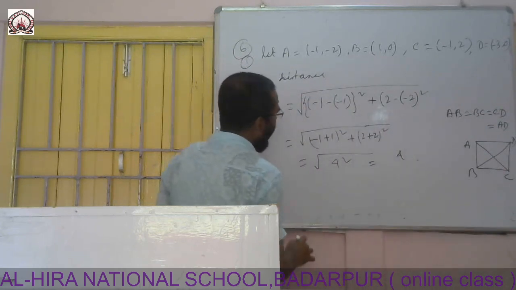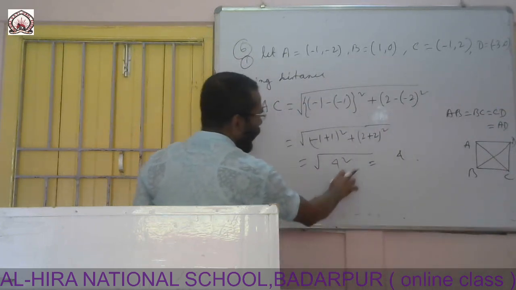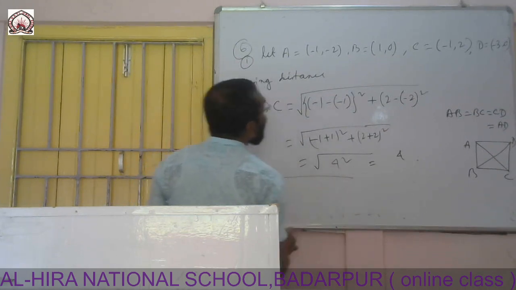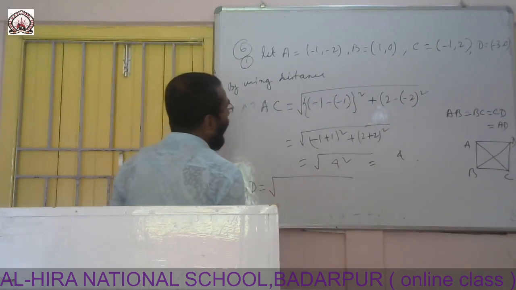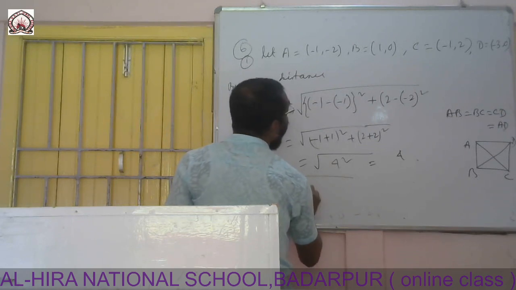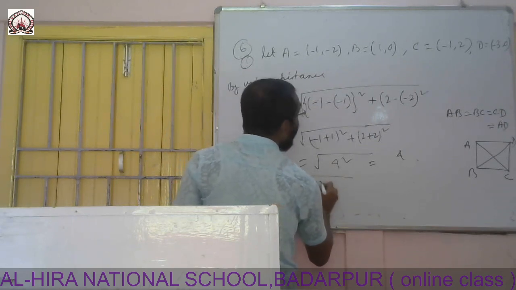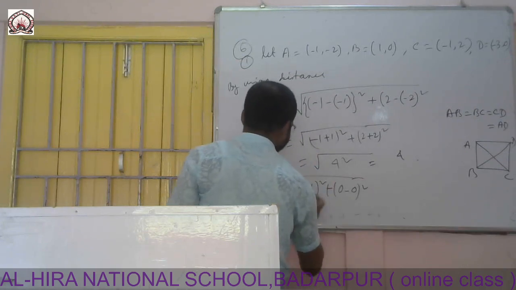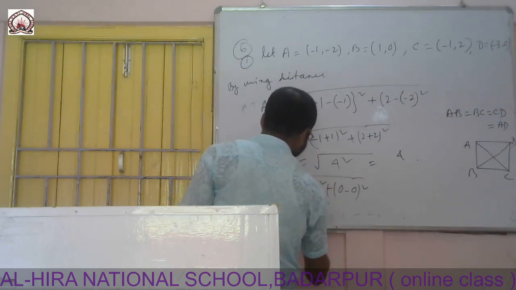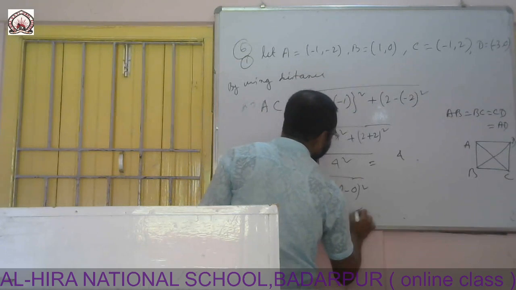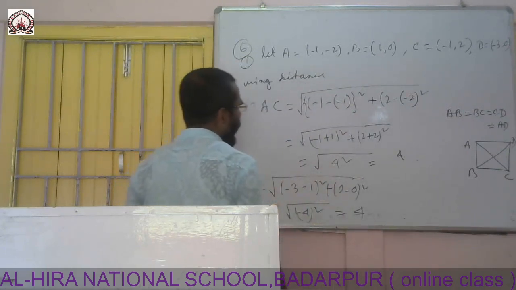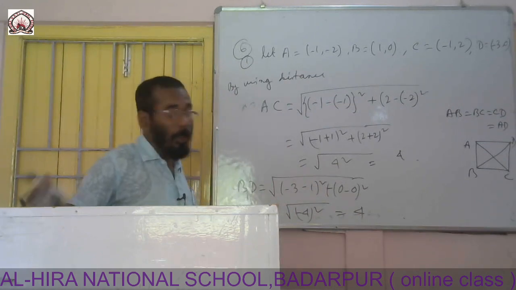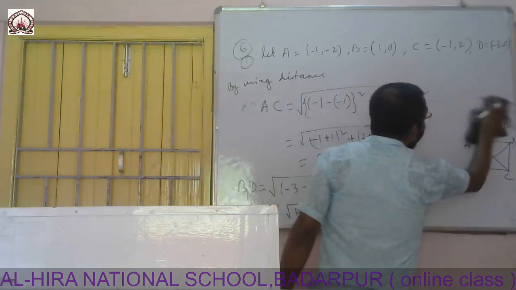So for the diagonals, AC we found is 4, then BD will be the square root of (minus 3 minus 1) whole squared and (0 minus 0) whole squared. So minus 3 minus 1 is minus 4, so minus 4 whole squared is again 4. So we are getting AC equal to BD.